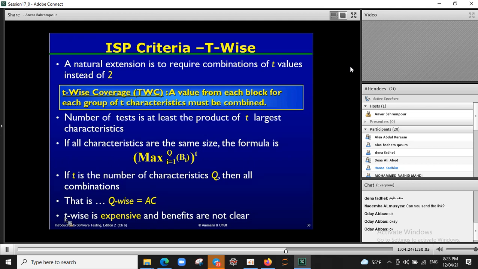We just make groups of characteristics of size t with no consideration of the meaning of those characteristics. This grouping is done blindly, and so the benefits of t-wise coverage criteria are not so clear.